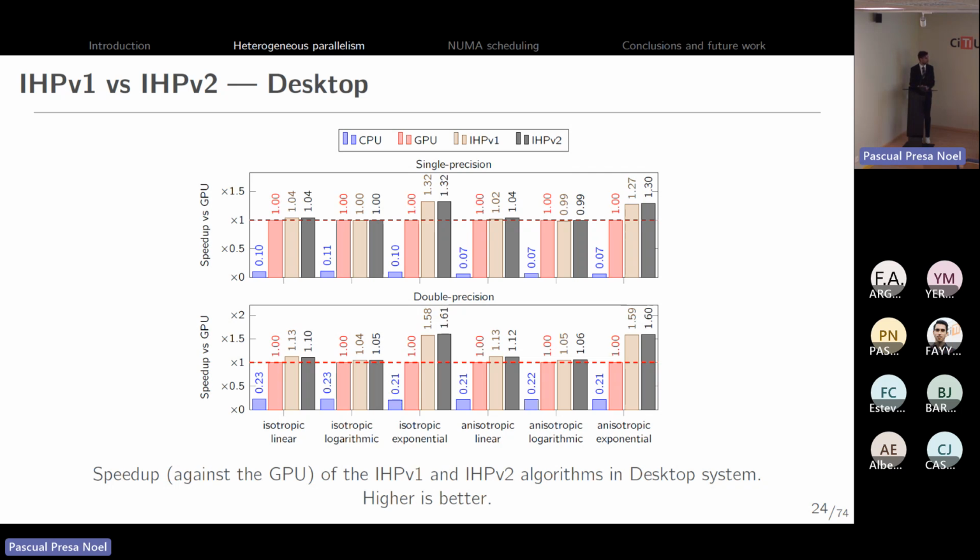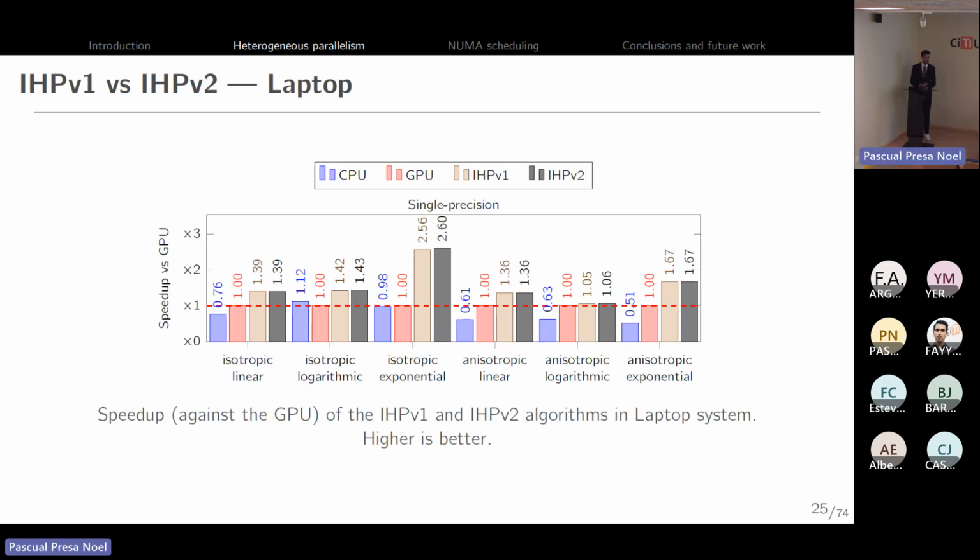It's important to note that when working with double precision, the CPU scales its performance better, so it can acquire more work, and its contributions are bigger as well. So we improve the execution times significantly, up to 61%.